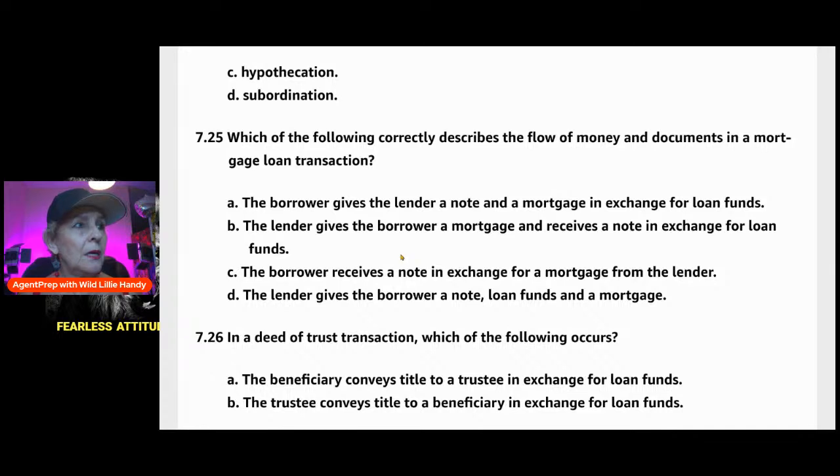The borrower gives the lender a promissory note and a mortgage, okay, in exchange for the loan funds, a deed of trust, right? That is the mortgage that specifies what happens should they be in default, and it describes all the terms of the mortgage. A promissory note discloses the financing terms, how much they're going to pay for how long.